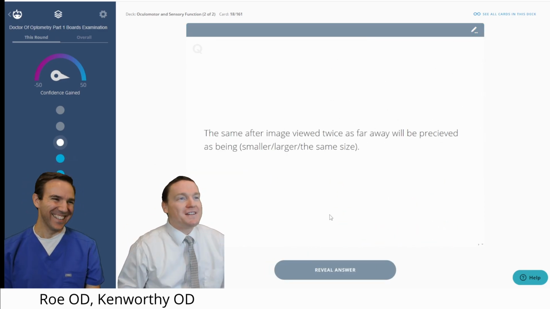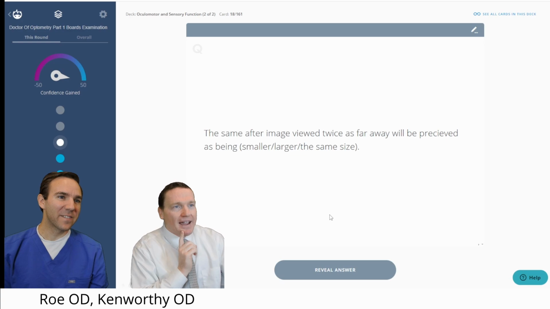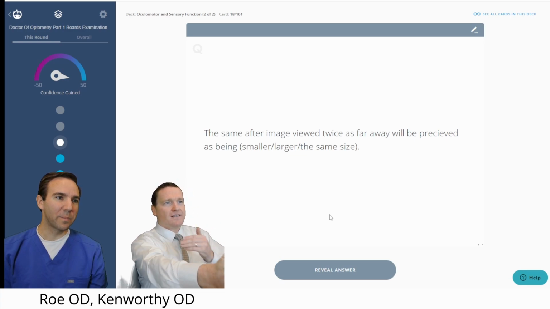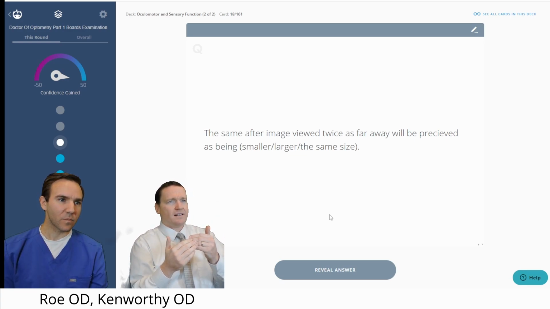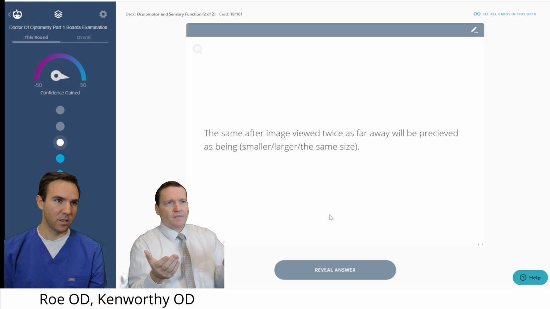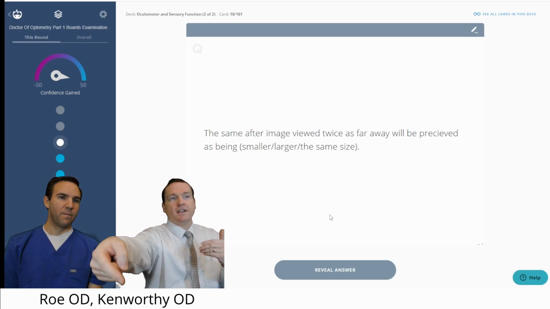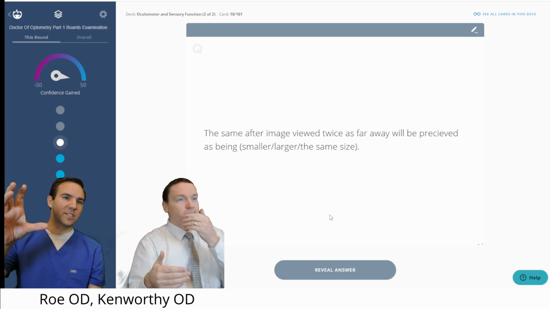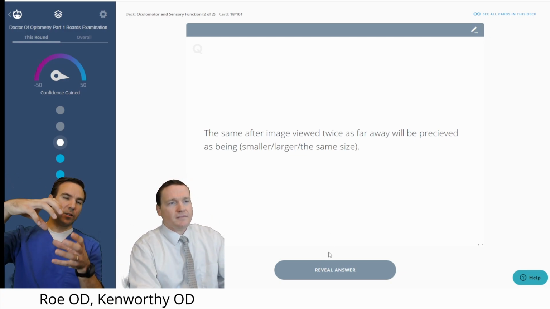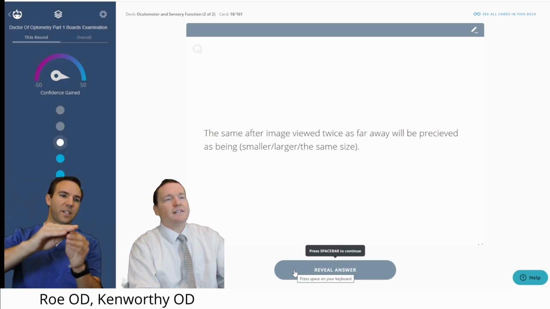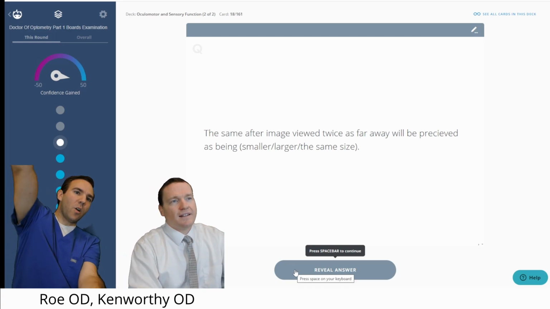We're just coming up with great ways to learn. The same after image viewed twice as far away will be perceived as being larger. It's because it's twice as far away. You'll think it's larger. Yep, and it's also because it goes back to the whole idea about the retinal space being used. It's the exact same space. If you go and draw that line, it becomes this cone going outward.